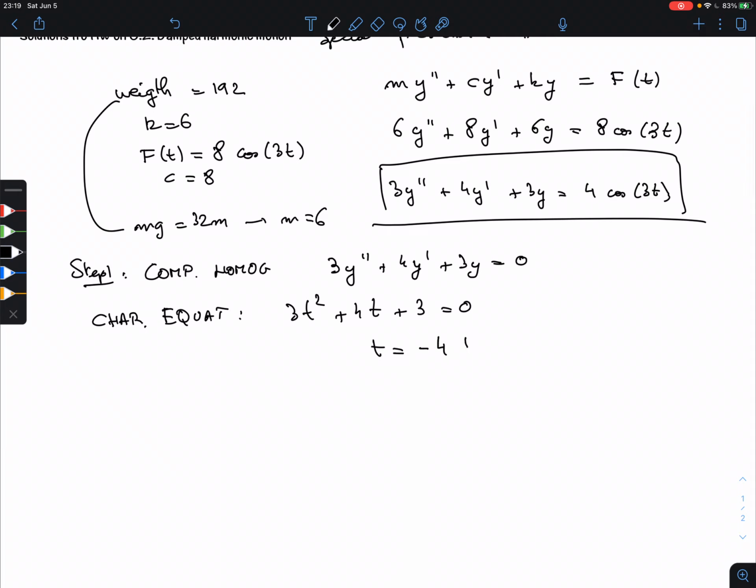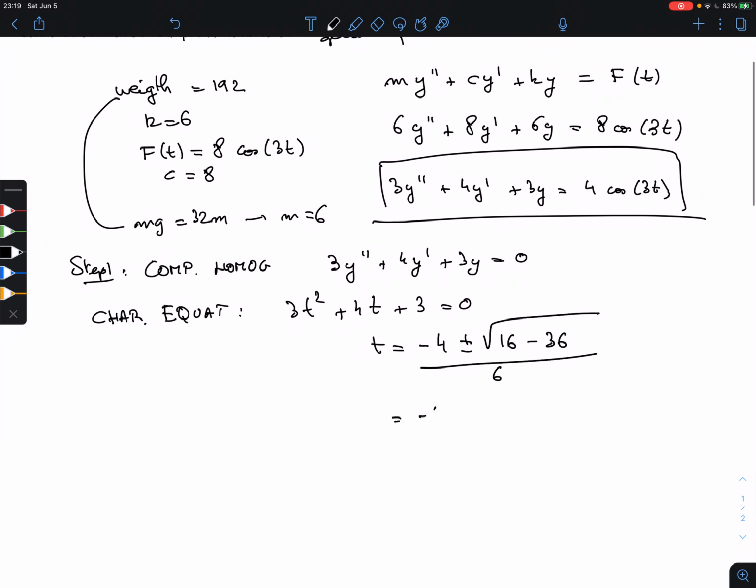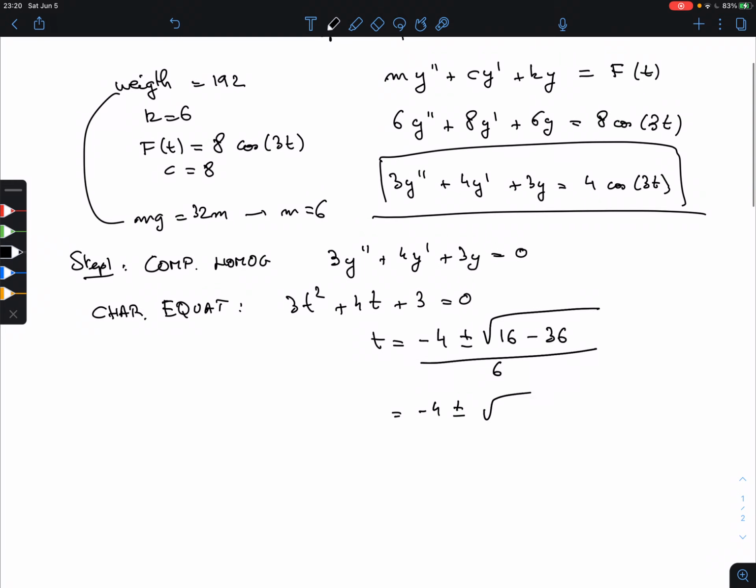Minus b plus or minus the square root of b squared, which is 16, minus 4ac. Oh, okay, that is minus 36. Okay, yeah, right, of course. And then divide by 2a, which is 6. So this is minus 4 plus or minus the square root of minus 20. Sometimes it comes out nice, sometimes it doesn't.